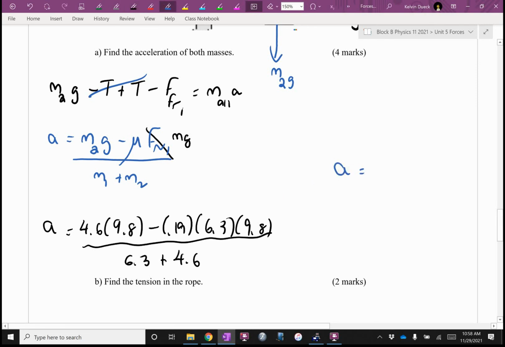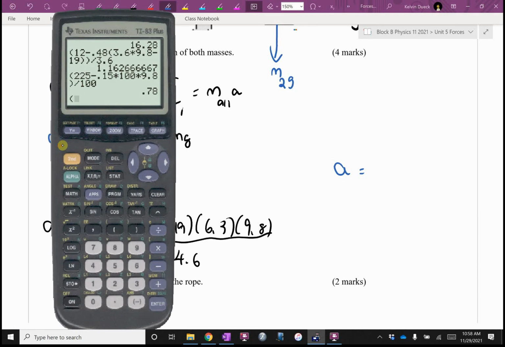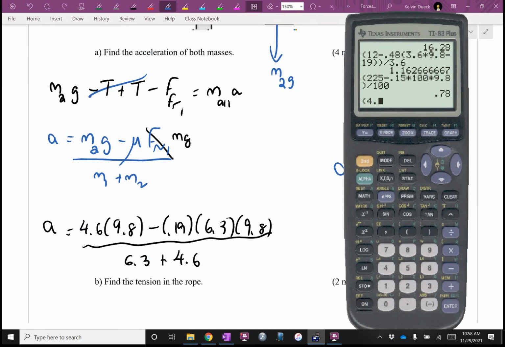A is going to equal 4.6 times 9.8 minus 0.19 times 6.3 times 9.8 divided by 6.3 plus 4.6. Do you get 3.06? Yep.